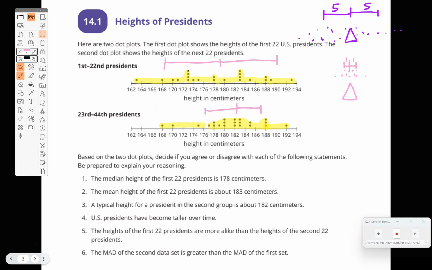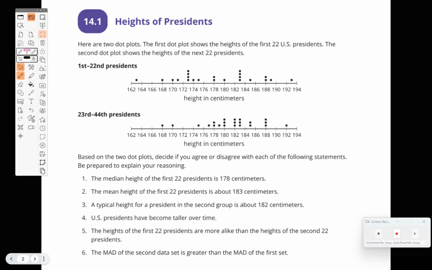We always talked about basketball shots with this one. Who do you want on your team? We remember? Okay, so we talked a lot about MAD when we were talking about accuracy and consistency.